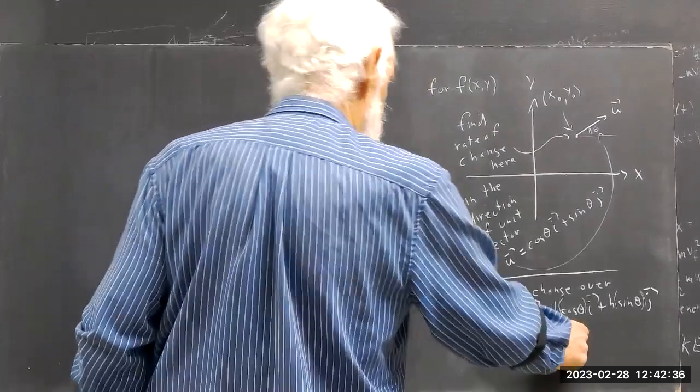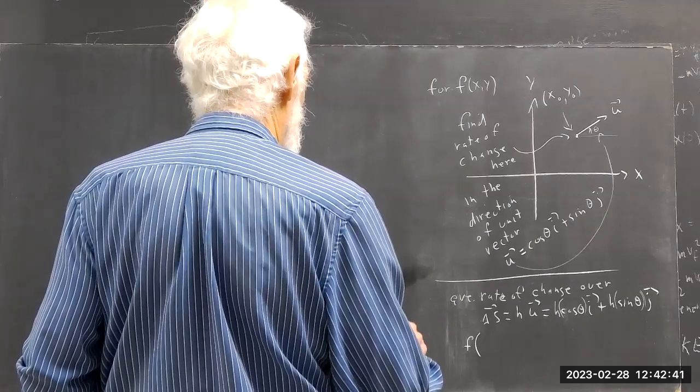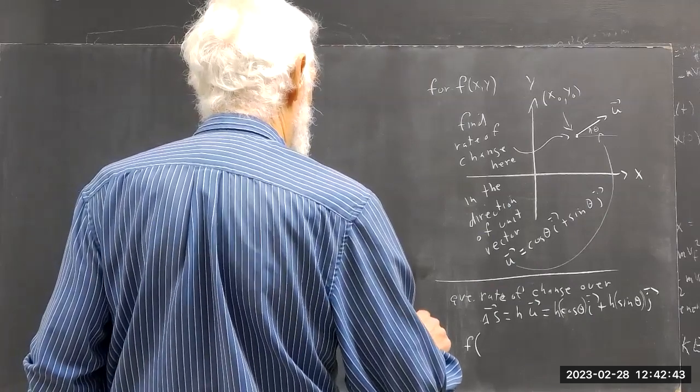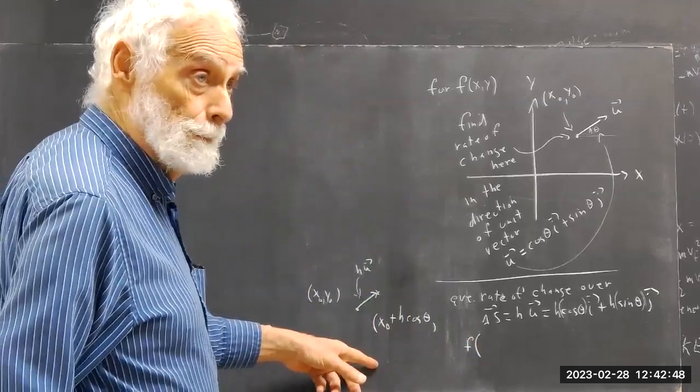Well, hu is this. So what we're going to get should be pretty clear. We go x naught plus h cosine theta for the x coordinate, right?